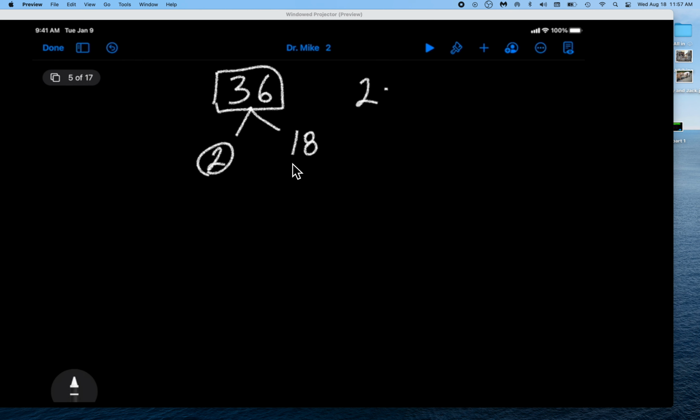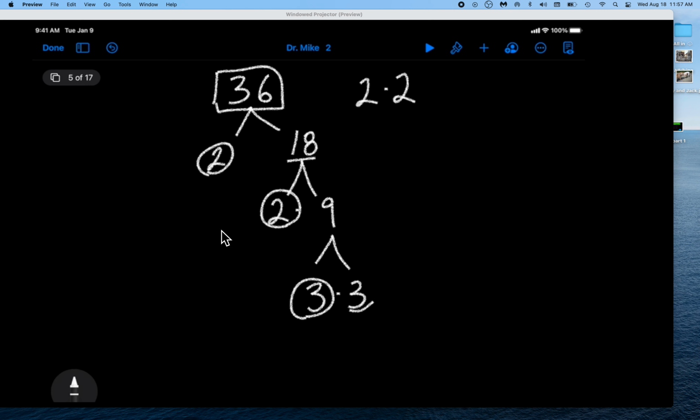Is 18 a prime number? Answer, no, it's composite. Let's break that down. 2 times 9. 2 is a prime number. It's going to go in our answer. Is 9 a prime number? No. 3 times 3. Are these prime numbers? They are. They go in the answer.